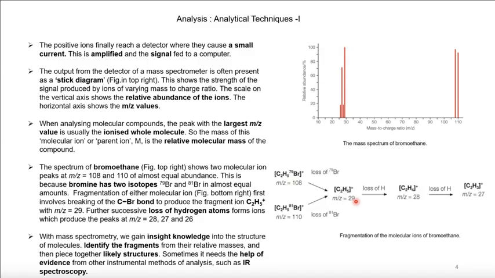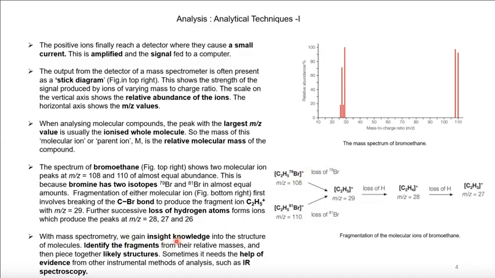Similarly, if we continue, we get loss of hydrogen, and then we get a mass to charge ratio of 28 for C2H4 plus, and for C2H3 plus. So those are the fragmentations of bromoethane in mass spectrometry.